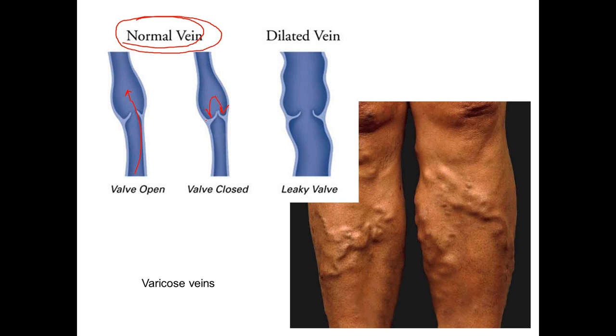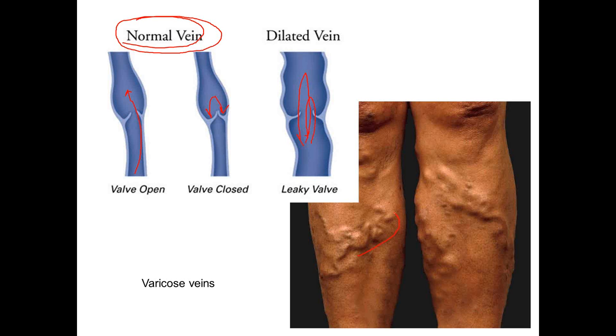Now, for a number of different reasons, maybe because of genetics, maybe because of other lifestyle factors, sometimes veins become dilated and their valves become leaky. So blood tries to get through and doesn't always succeed. And therefore, these veins have larger pools of blood than normal in them, and this is the cause of what we term varicose veins.